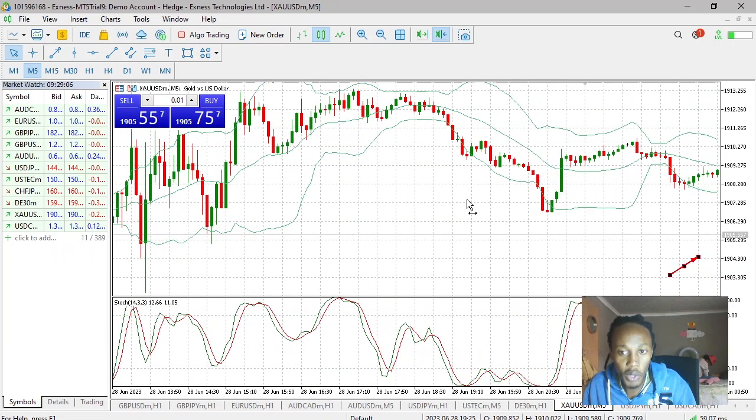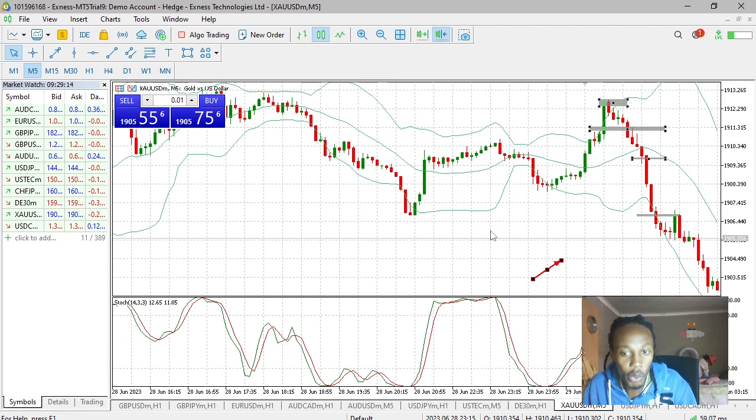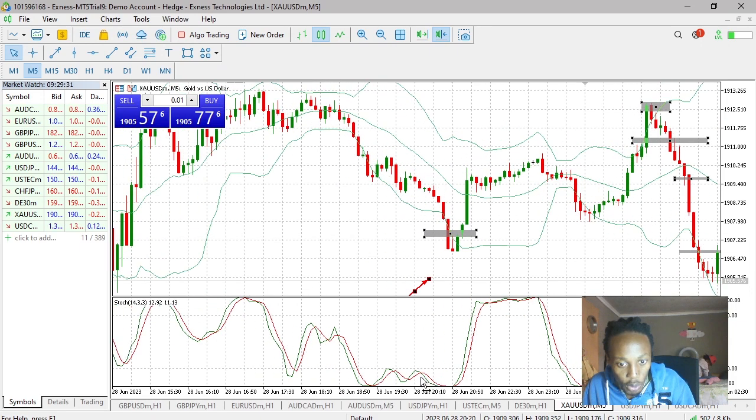So let me give you a buying signal, the buying side of the strategy, because we only did selling, right? Over here you can see this part closed below our Bollinger Bands, and you can also see we were oversold here.